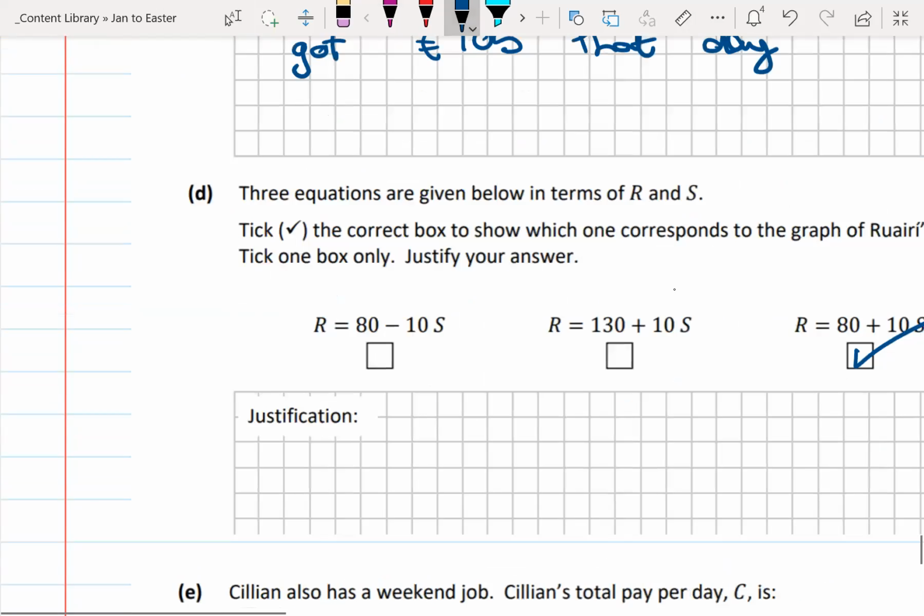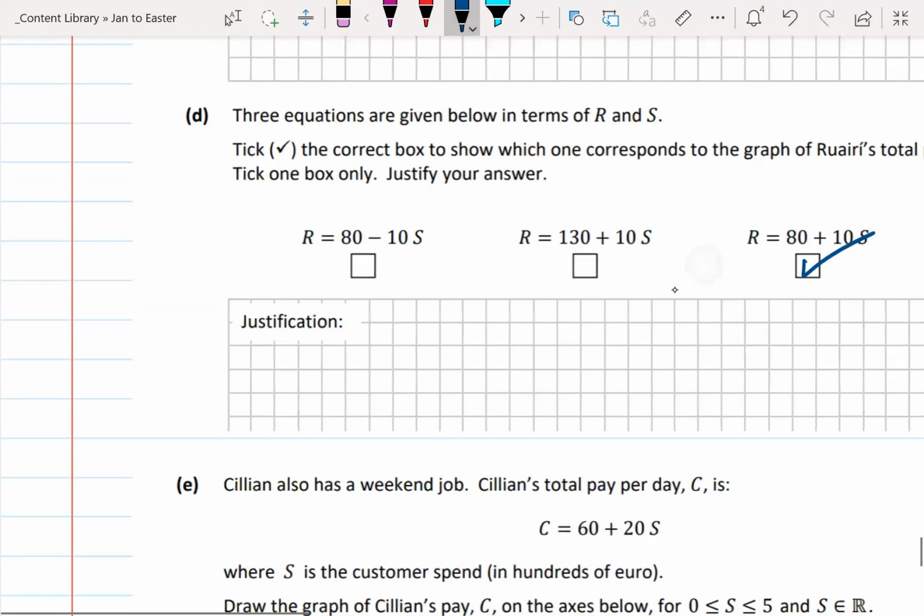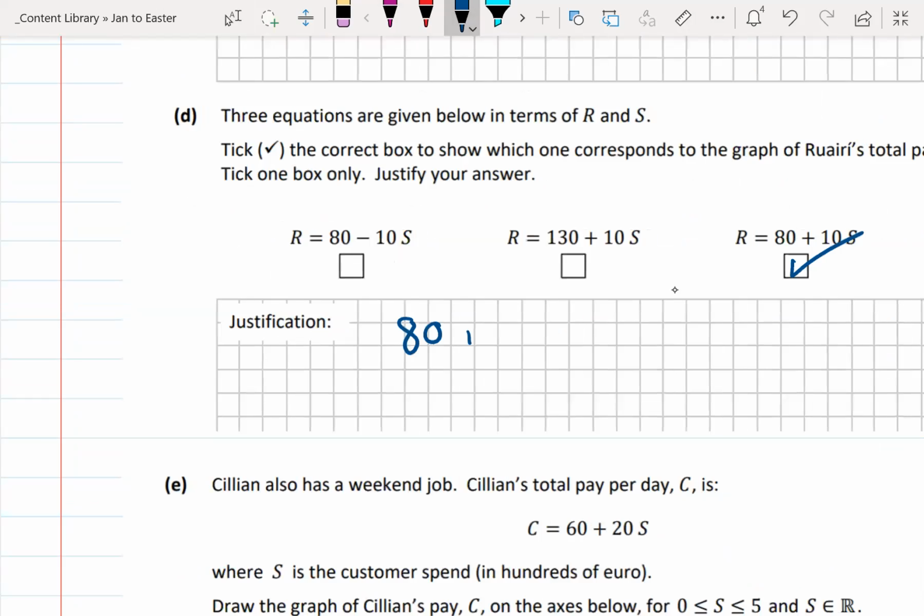So 80 is the y-intercept, and the slope is 10.